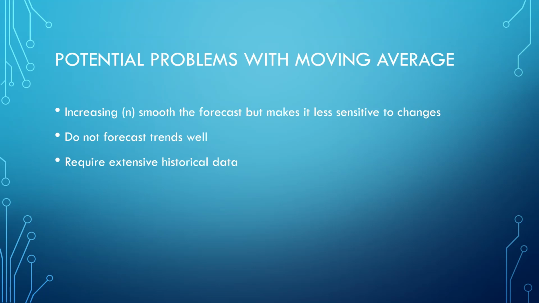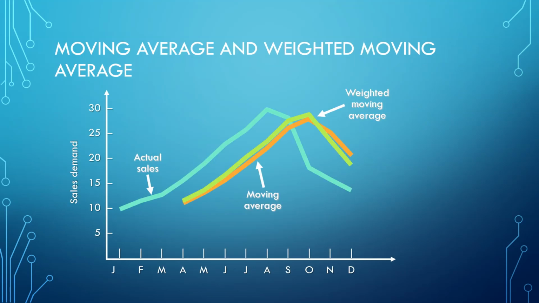Moving average does not forecast trends well, and it requires extensive historical data. This graph compares moving average and weighted moving average with the actual sales. You can see that the weighted moving average predicts closer to the actual, but not with a lot of difference than moving average.